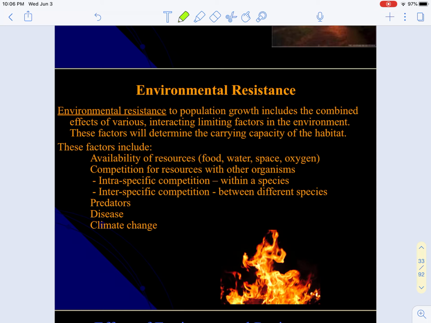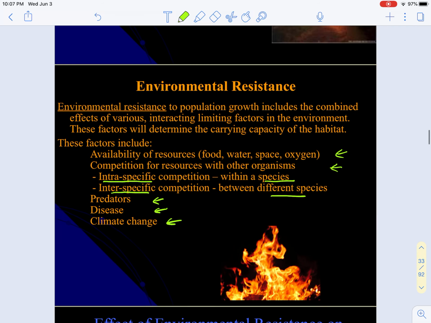And environmental resistance would be things like the factors that will resist the major growth of the population. So that could be how many resources there are, how much competition there is, whether it's intraspecific competition of wolf versus wolf going for the same food, or interspecific competition, different species going for the same food.